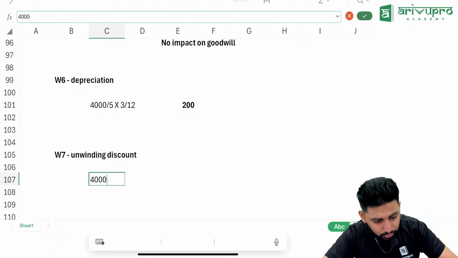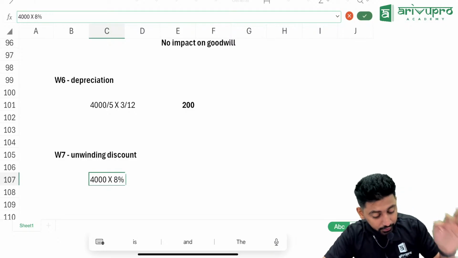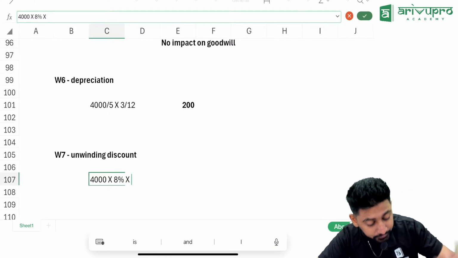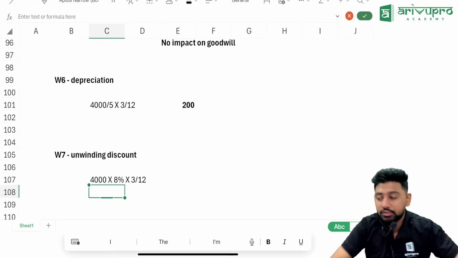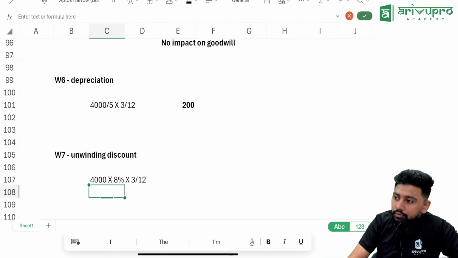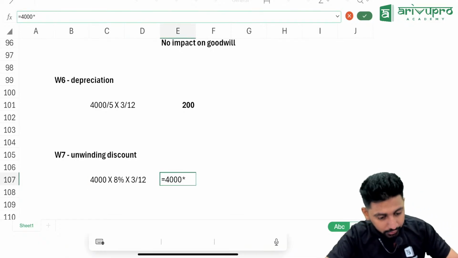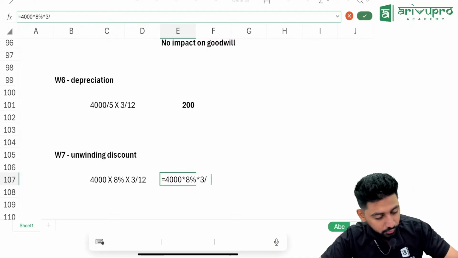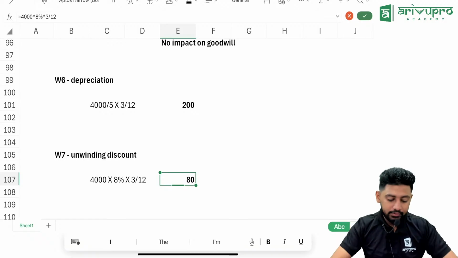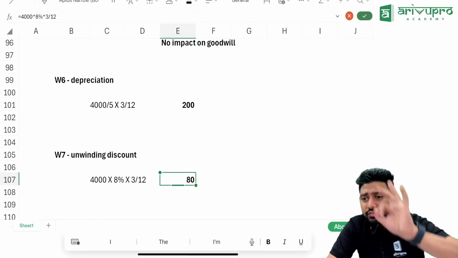In other words, 4,000 into 8% into 3 over 12, 3 months gone. Are we clear? So basically equals 4,000 into 8% into 3 over 12 gives you 80. That is your unwinding discount. So this is for the first 3 months.